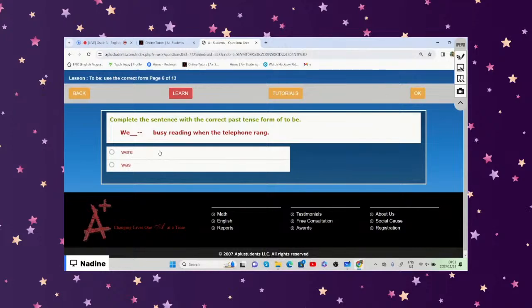And now we need to complete the sentence with the correct past tense form of to be. Do we say "we were busy reading when the telephone rang" or "we was busy when the telephone rang"?